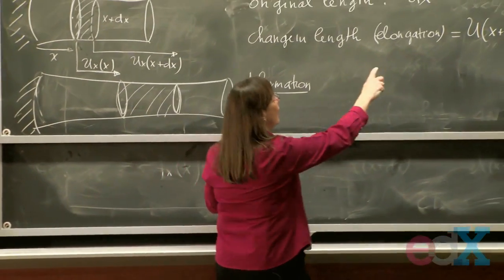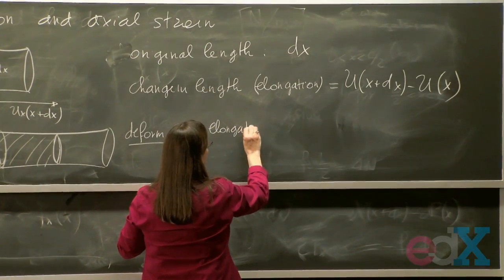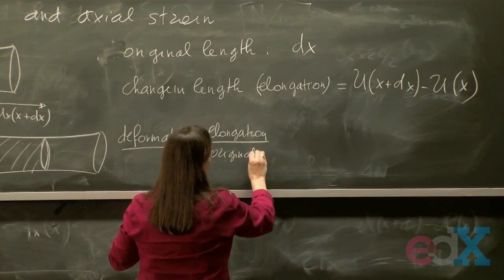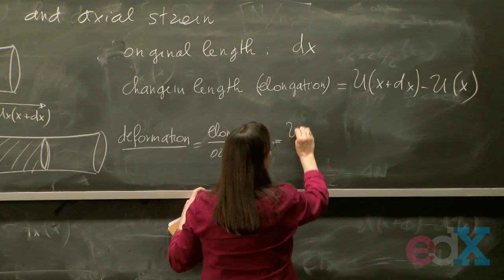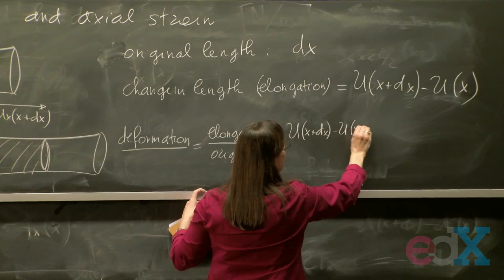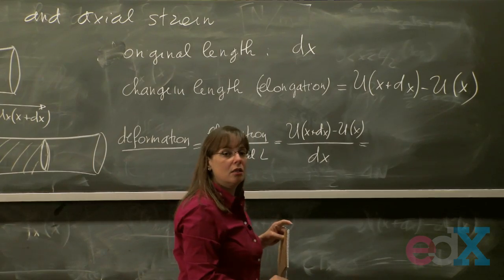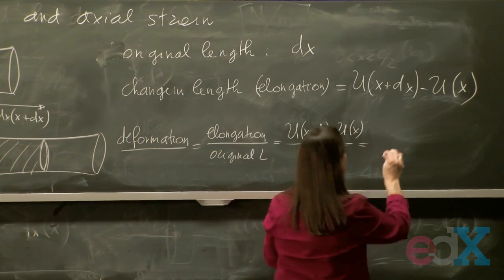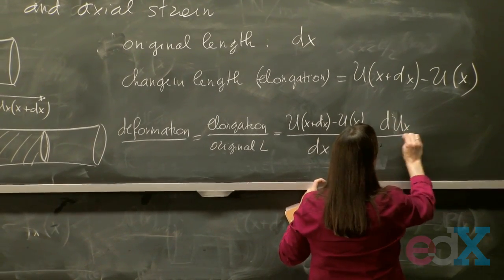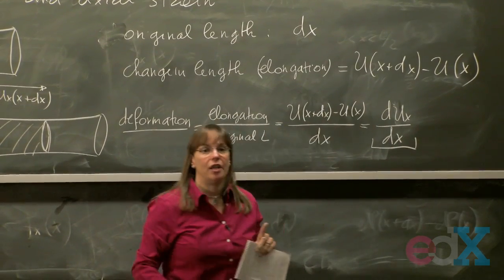So if I divide my elongation by the original length, I get u of x plus dx minus u of x over dx. Who is this? du x dx. This thing is a measure of the deformation.